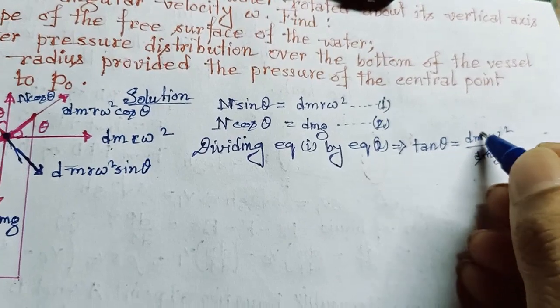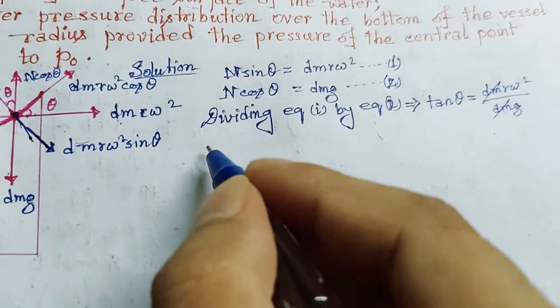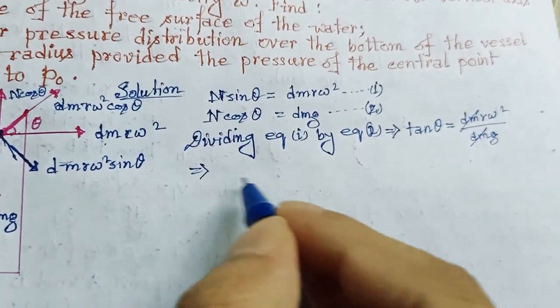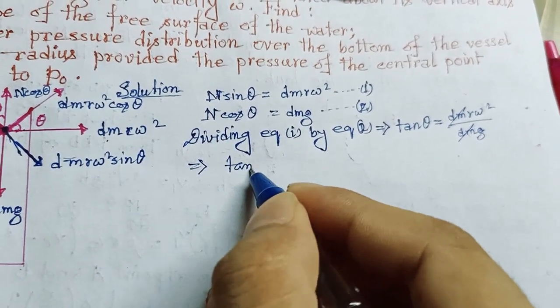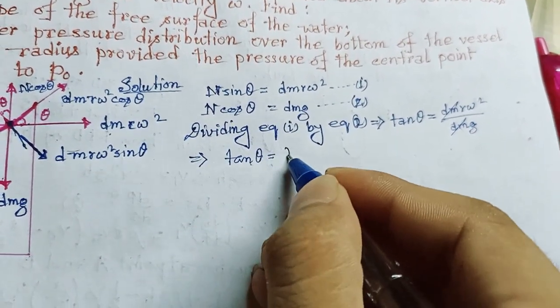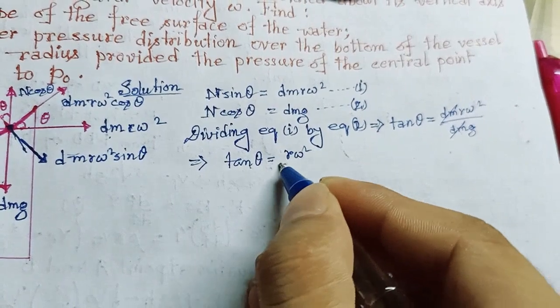Now this dm will get cancelled. So after cancellation, tan theta is equal to r omega square divided by g.